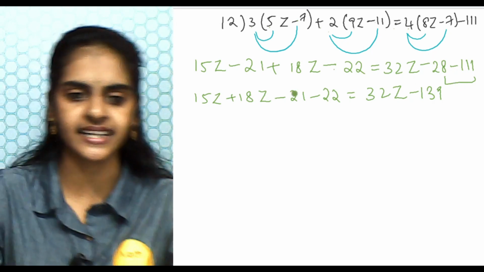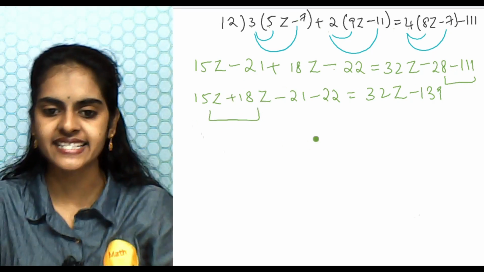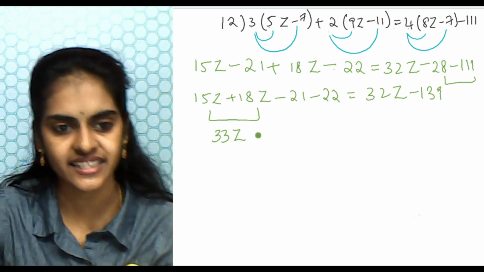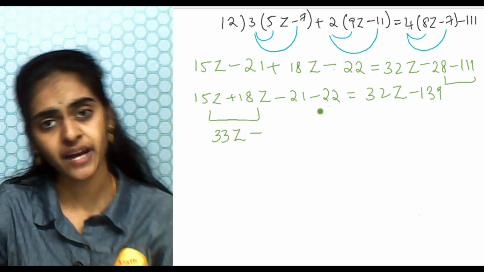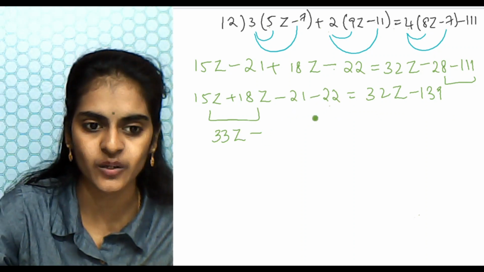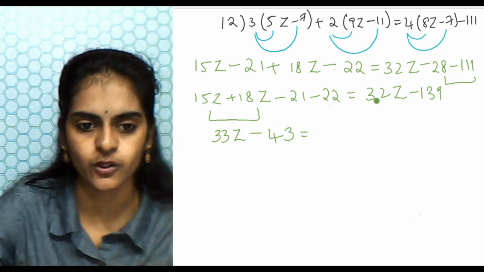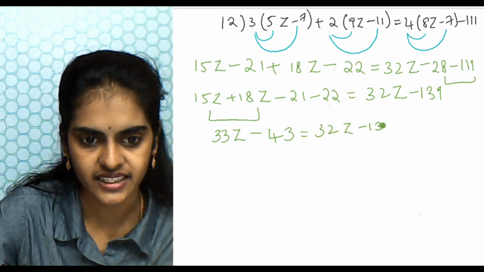Okay, so it is 139. Okay, so 15z plus 18z is nothing but 33z. Okay, so 33z, and this is how much? So minus 21 minus 22, two negative integers. So you will add and you will write a minus sign. So this is 43, is equal to, here you have 32z, okay, minus 139.